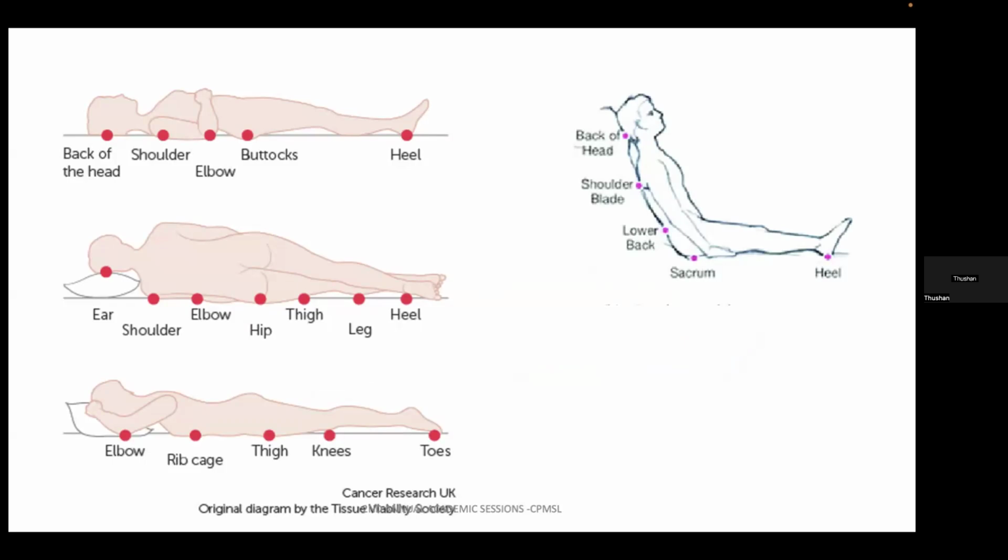But whatever way you try and avoid it, you will end up transferring that location to another new location. So you got to be mindful that as you change the postures, you'll probably have a different set of at-risk sites as well.